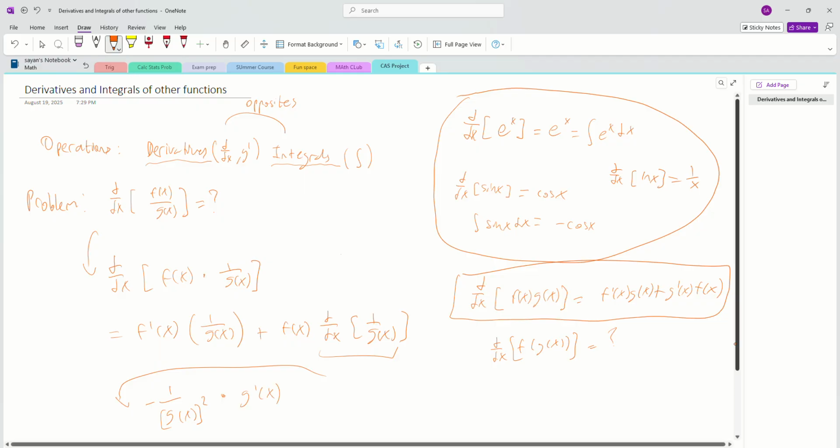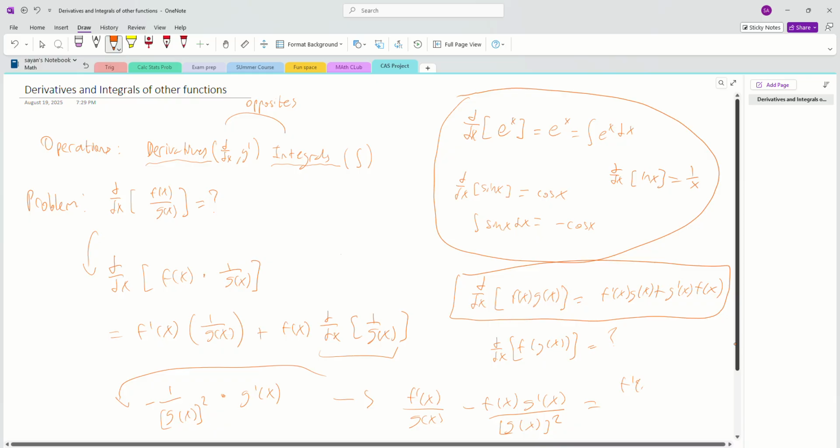Okay, so then, in the end, we are left with f prime of x over g of x plus f of x, or rather minus f of x, g prime of x over g of x squared, which, if we want, we multiply top and bottom by g of x, right?